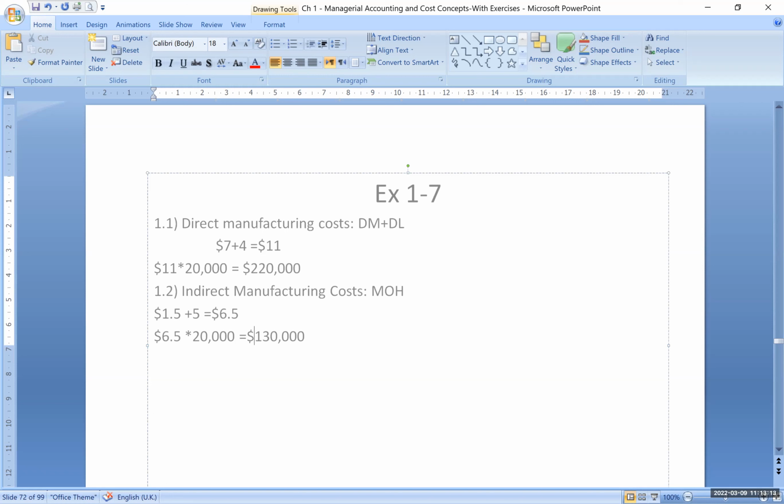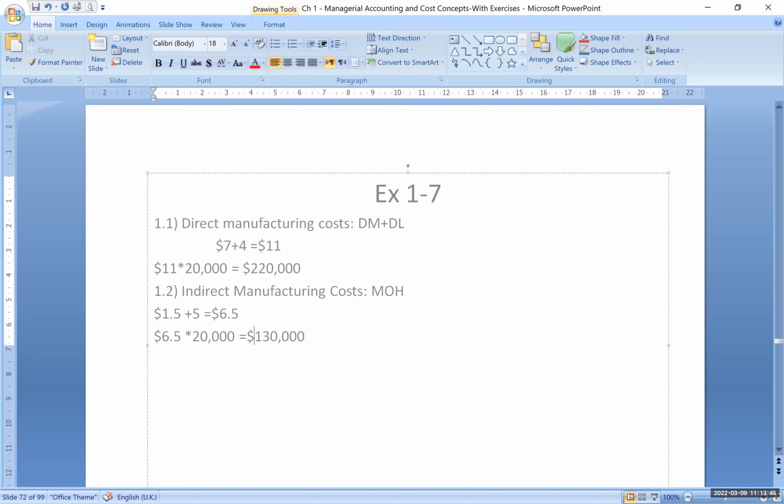In other words, if they need the per unit, the $11 will be per unit for the direct manufacturing cost, and the $6.5 per 1 unit will be the indirect manufacturing cost. The total cost for the 20,000 units means the per unit multiplied by how many units we have to produce.